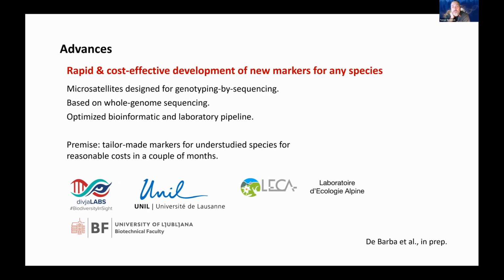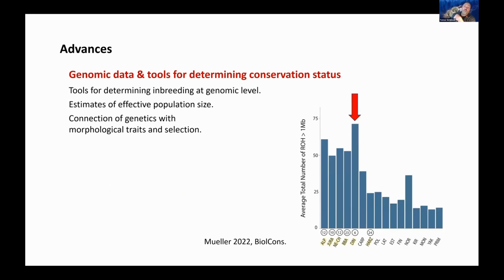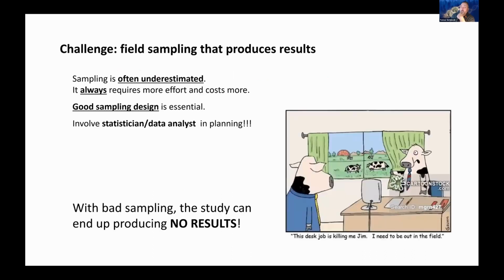This gives us the possibility to really make new markers for a species that is of conservation interest and would need genetic monitoring. And of course, genomics is opening new options for us in many ways.